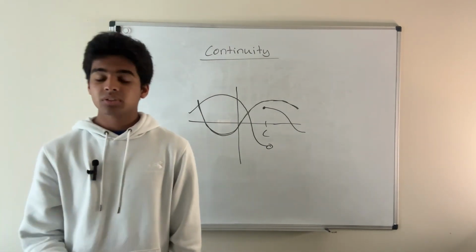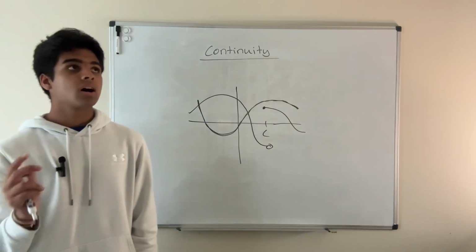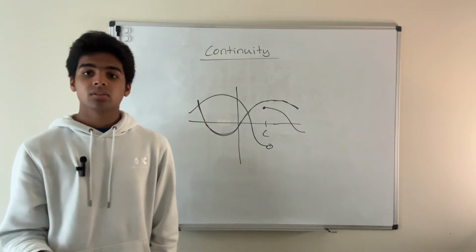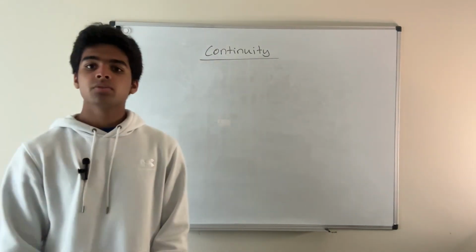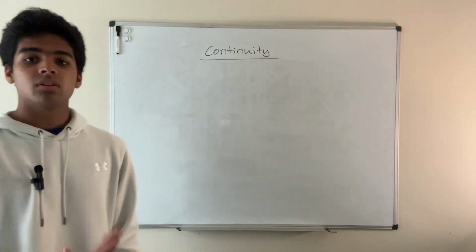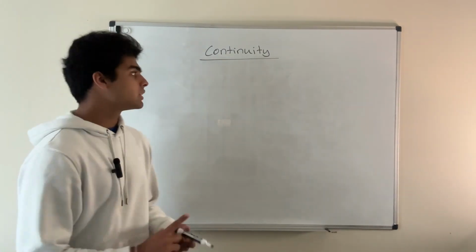Now again, that's a very loose definition of continuity at a point. So let's look at a more rigorous definition. The more rigorous College Board definition of continuity at a point is right here.